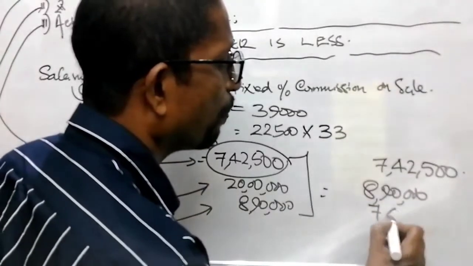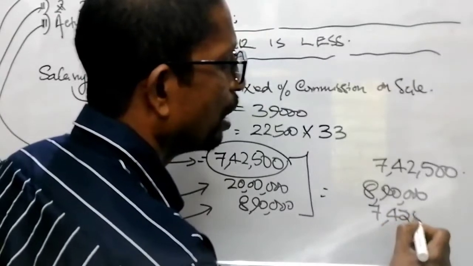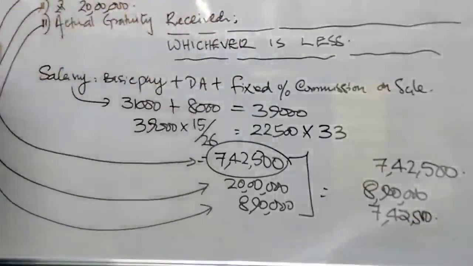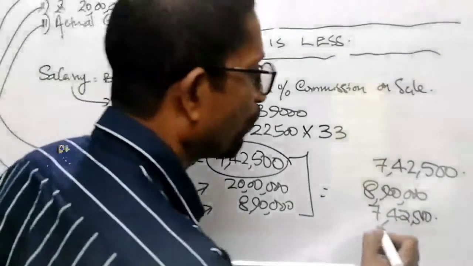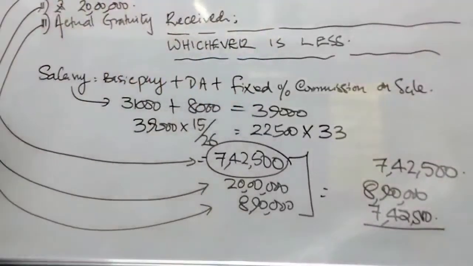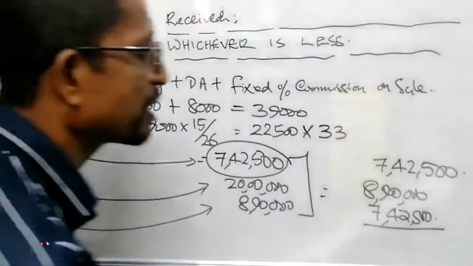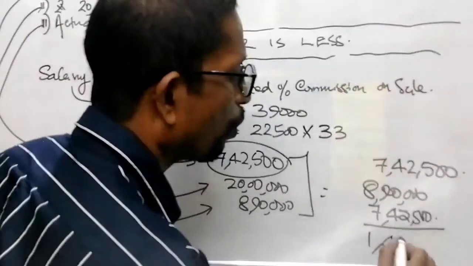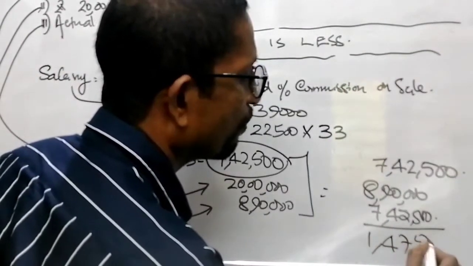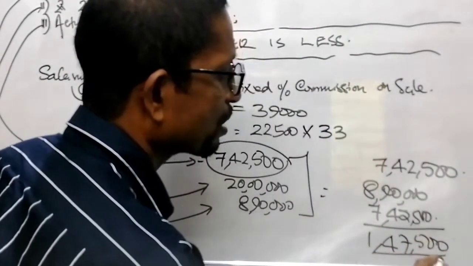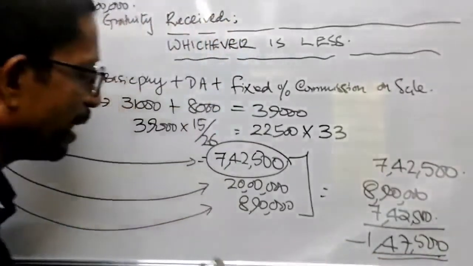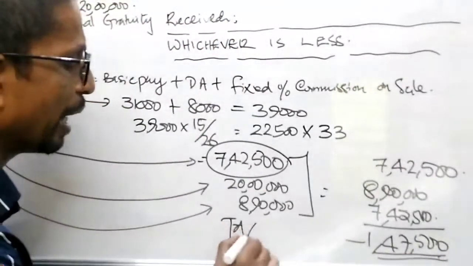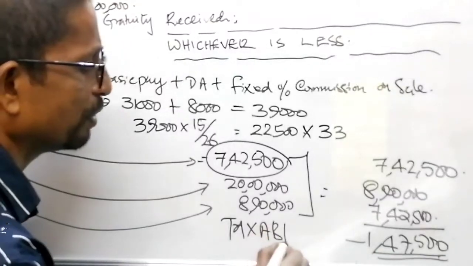This taxable portion is 8,90,000 minus 7,42,500. That is 1,47,500. So 1,47,500 is the taxable portion now. This is the taxable amount of gratuity.